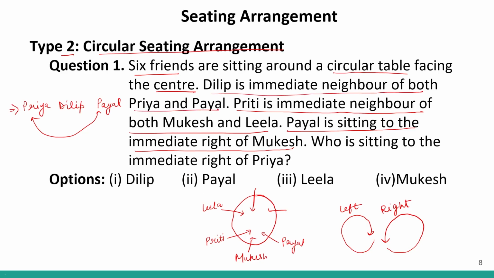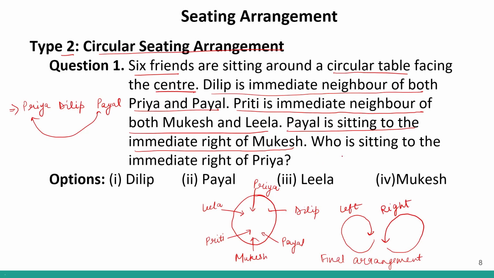So if Payal is over here, Priya will be over here, and between them we will have Dilip. So this will be my final arrangement, correct? Based on this statement that Payal is sitting to the immediate right of Mukesh, we could figure out the entire arrangement, correct?